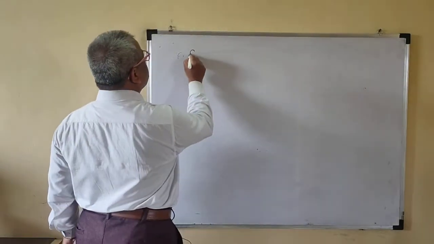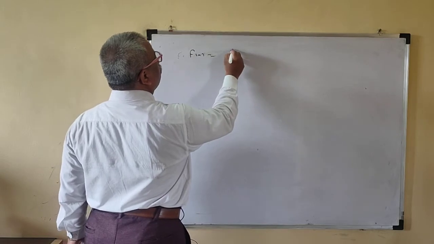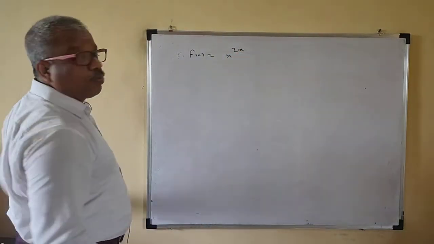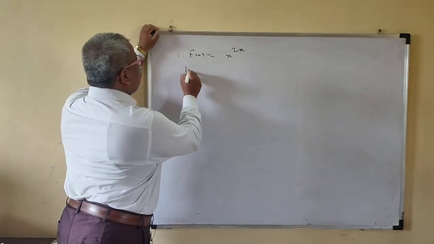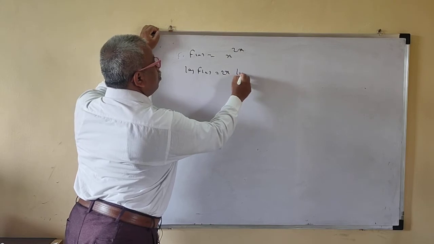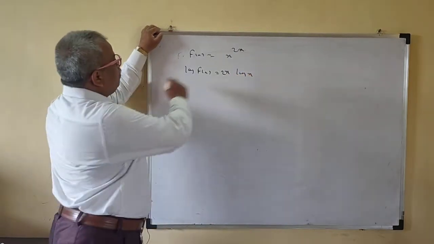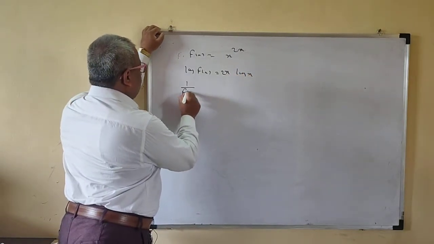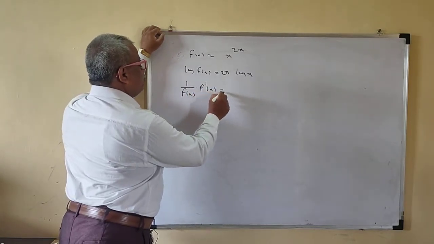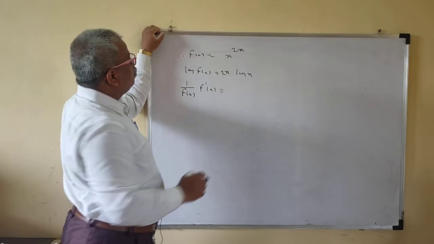Now suppose f of x is equal to x raised to twice x. Suppose x raised to a power is there. So what do you have to do then? You have to take log of f of x. So this is twice x into log x. Now differentiate this. This is 1 upon f of x into f dash x. So what is this?